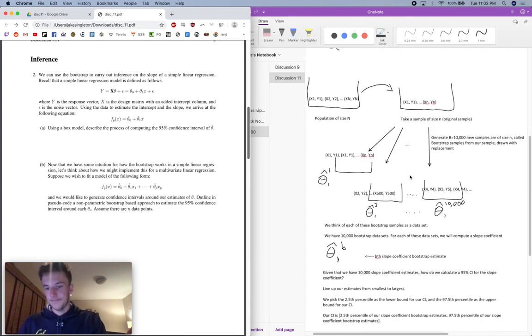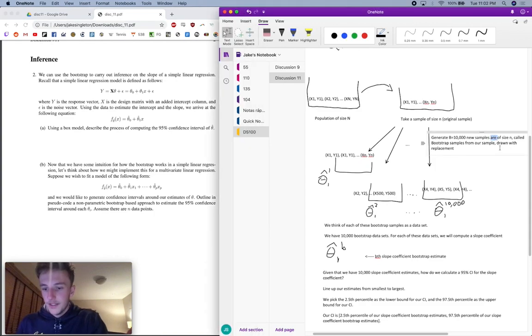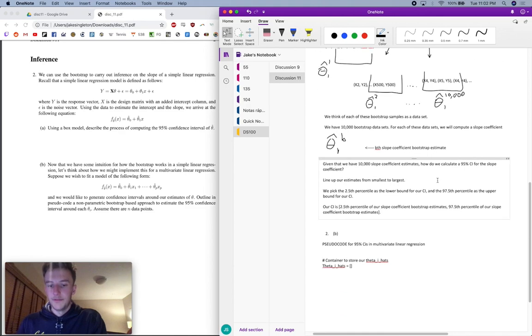Given that, the next step is to generate b equals 10,000 new samples of size n. These are our bootstrap samples. We can set b equal to 10,000, but I'll put a little comment here: you can pick really any b that's large.